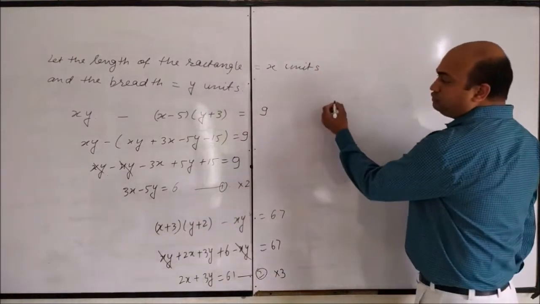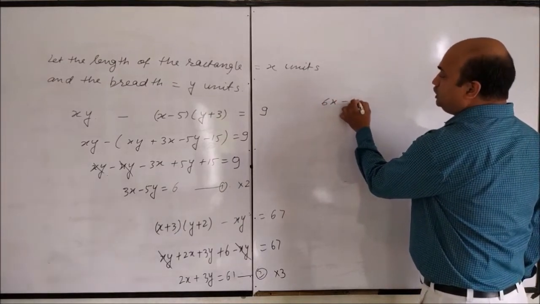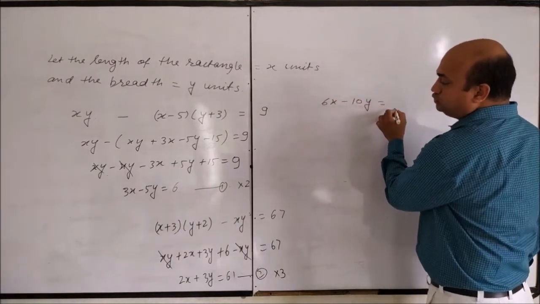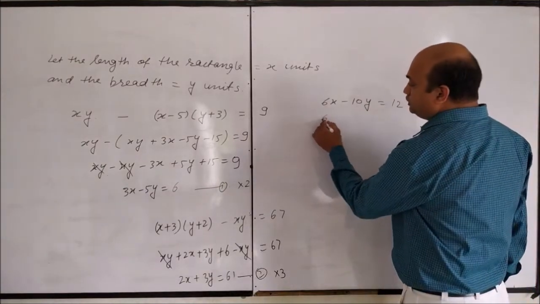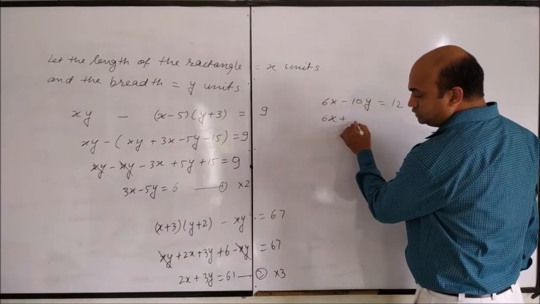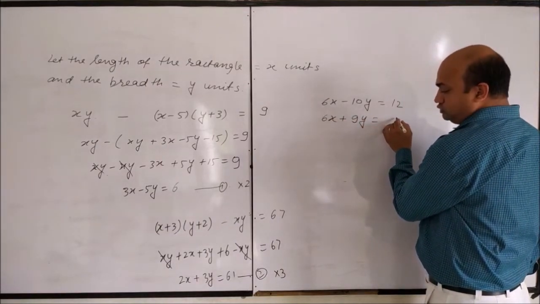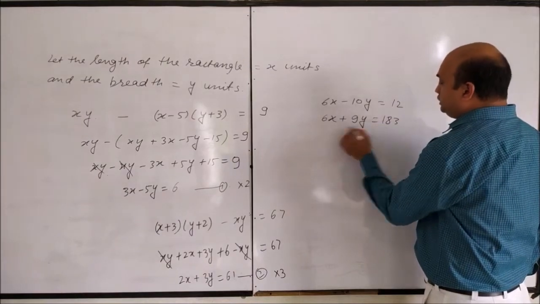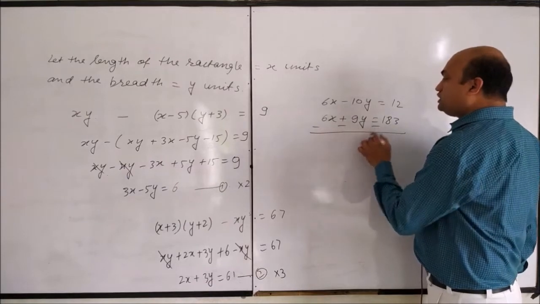The first equation will become 6x minus 10y is equal to 12, and the second equation will become 6x plus 9y is equal to 183. Now subtract the two equations, just change the sign.